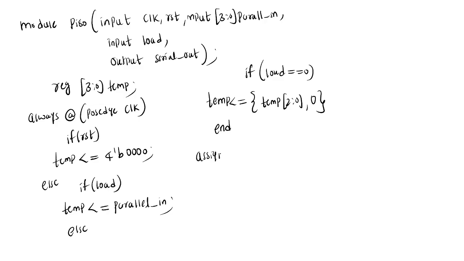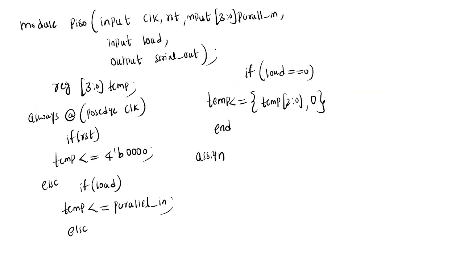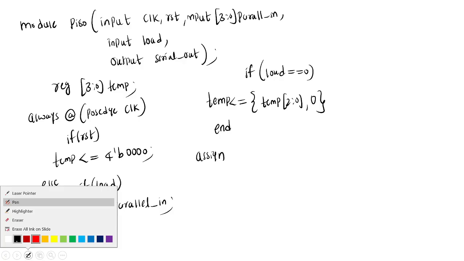Assign, so if it is assign, I need to use this as a blocking assignment. So I need to use the assign statement. Assign serial_out, where you are getting the serial out data?